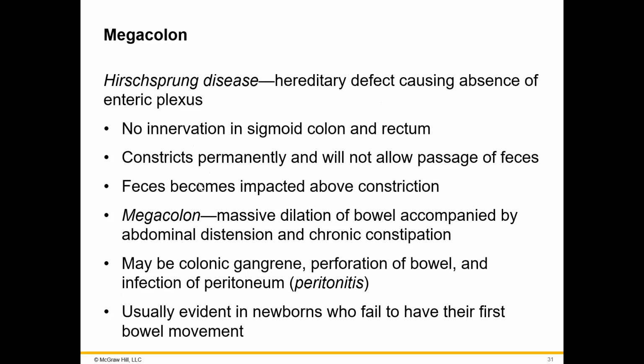So the feces becomes impacted above the constriction. The megacolon is a massive dilation of the bowel, accompanied by abdominal distension and chronic constipation. There may be colonic gangrene, perforation of the bowel, and infection of the peritoneum.